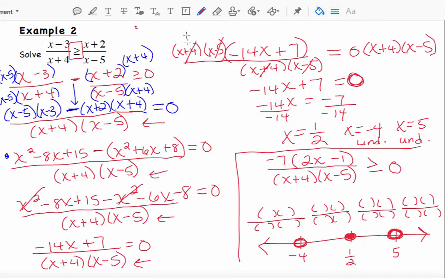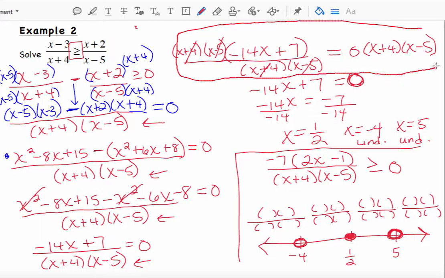It also makes this step up here work out really nicely when you multiply both sides by the denominator, and it quickly wipes out that entire denominator. That's another reason for combining your fractions together into one.